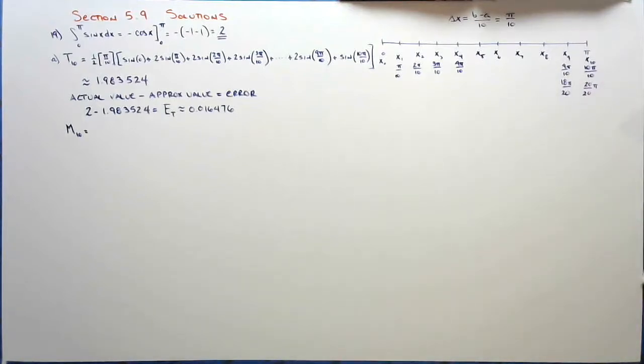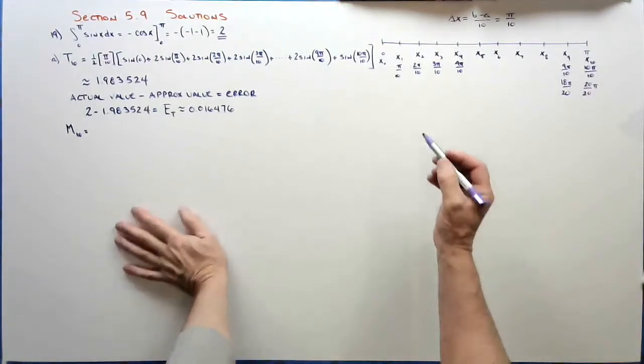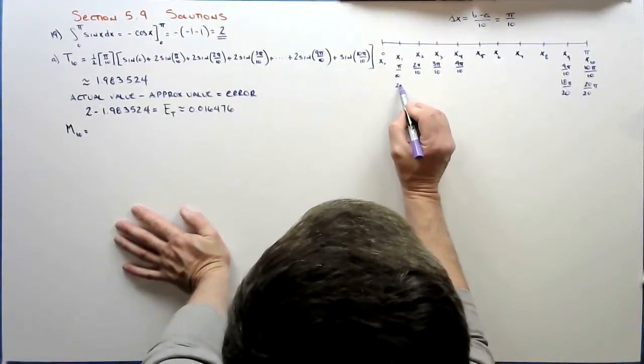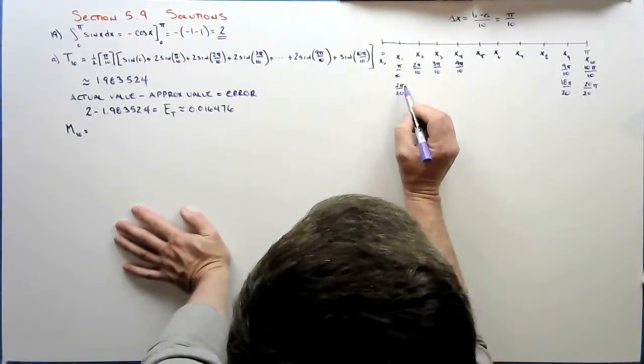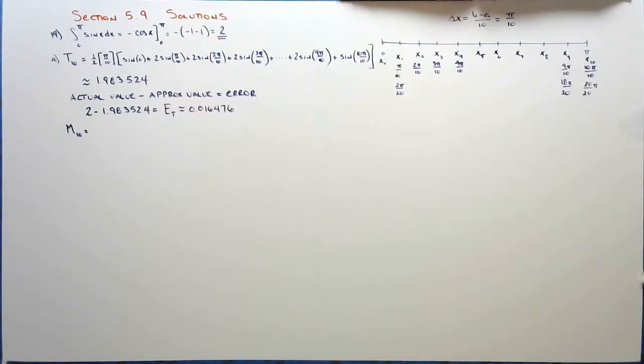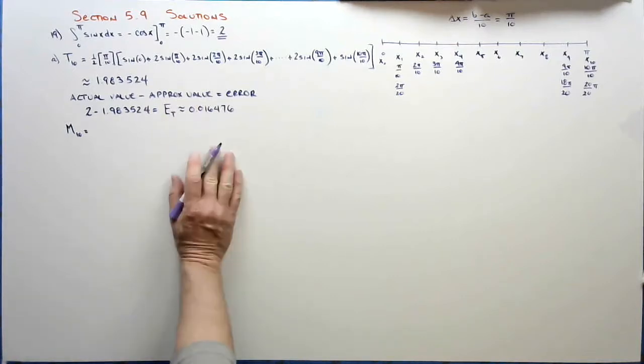So the midpoint's going to be 19, right? Here, this is going to be 2 pi over 20. So the midpoint's going to be 1 pi over 20. So when we write this out for the midpoint formula, right, we want the average. Now, this is just rectangles.